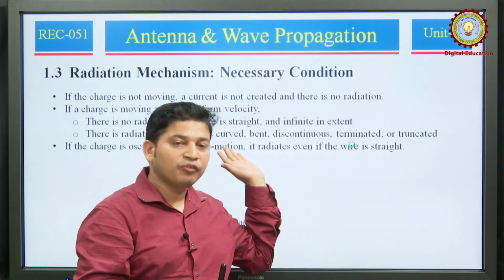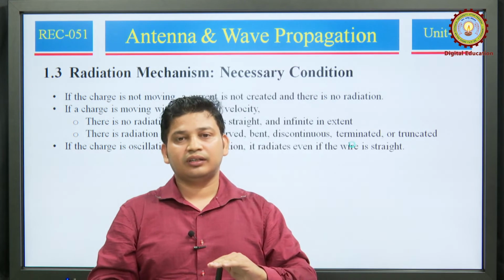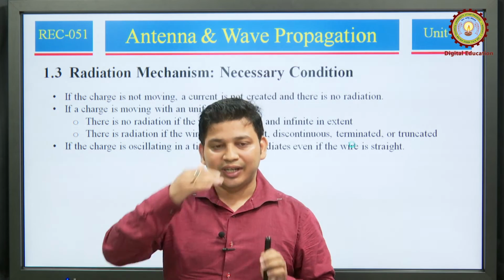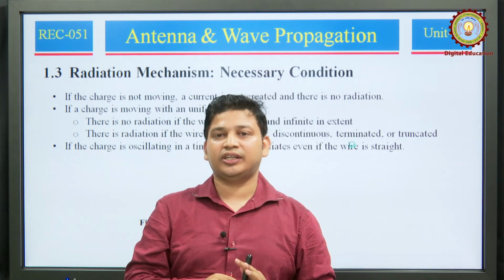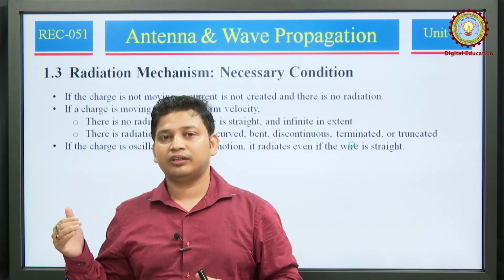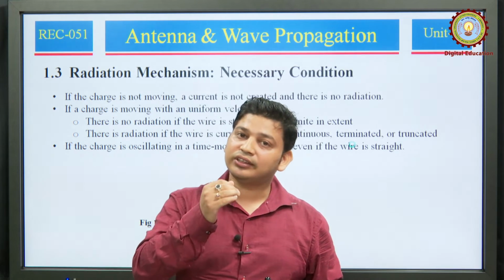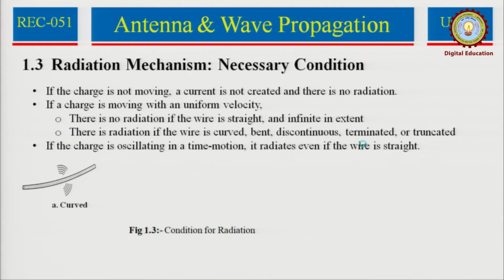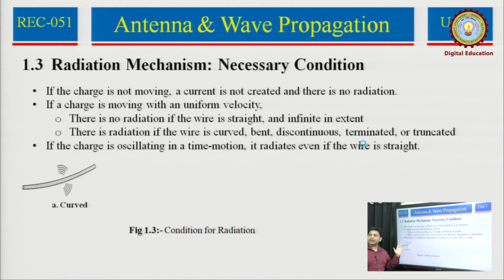If charge is not moving, no radiation. If charge is oscillating in free space or in a bounded medium, there must be radiation even if the wire is straight. Here is a structure that is termed a curved structure. It is not straight, there is discontinuity, so again there is radiation.